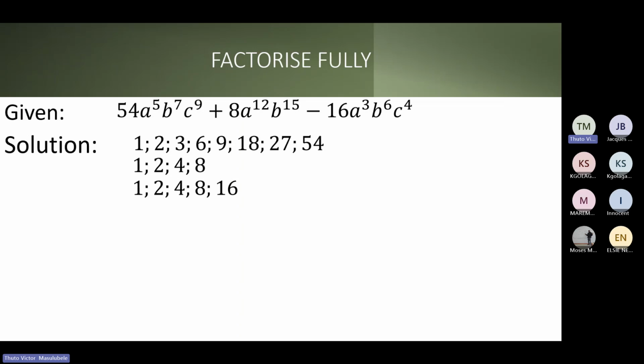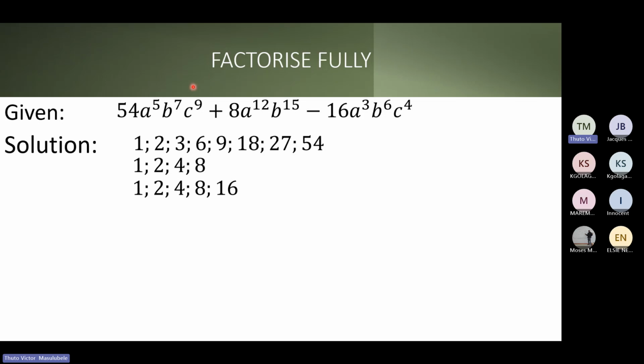We now look for a common variable in all three terms that has a smaller exponent, and that will be a cubed. We then look for a common variable in all three terms.